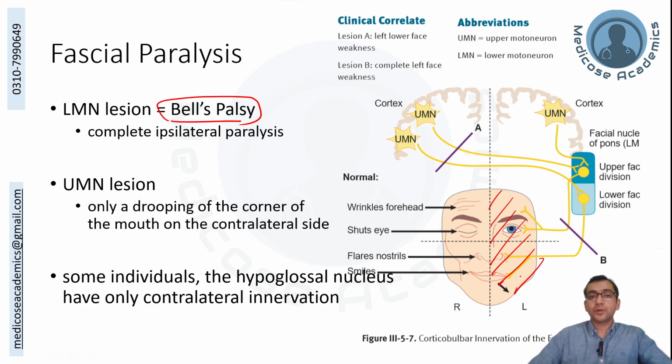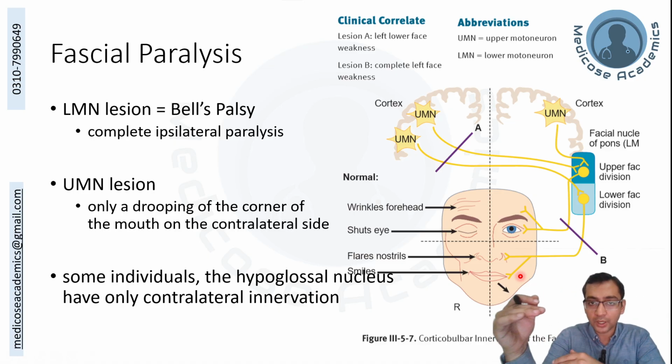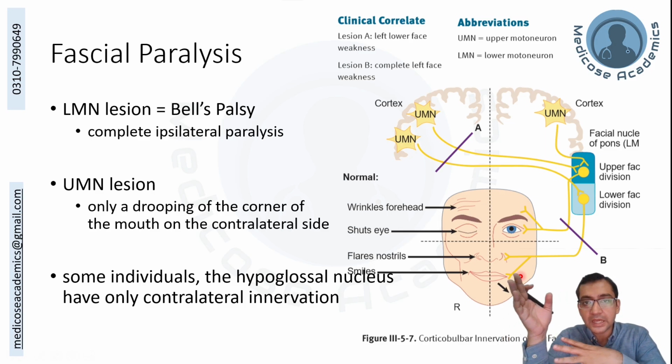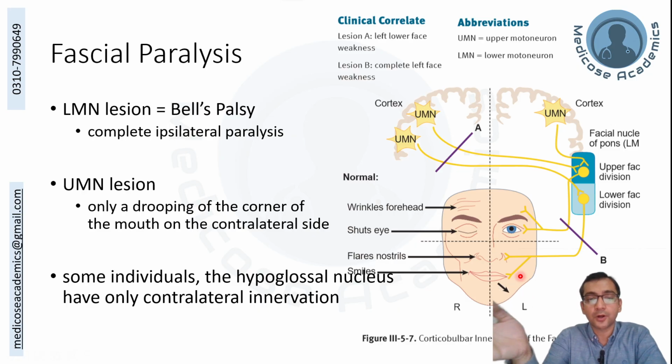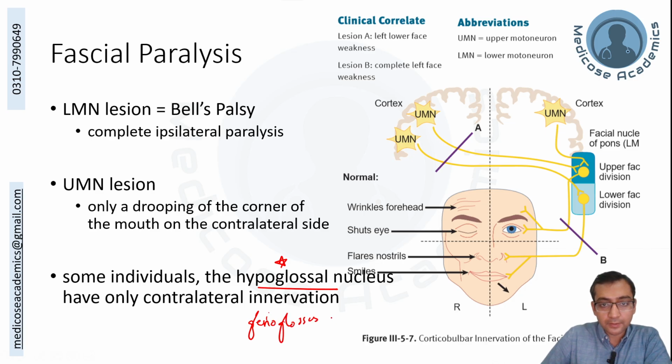That is another way you can differentiate between upper motor and lower motor neuron type lesions. In an upper motor neuron lesion, you will see contralateral loss of the lower half of the face. In a lower motor neuron type lesion, you will see ipsilateral paralysis of the complete half of the face. And the same story holds true for the hypoglossal nucleus that supplies the genioglossus muscle.